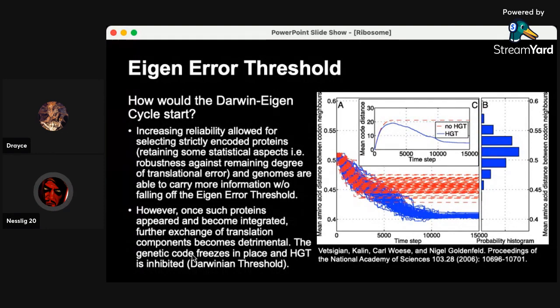But then after you increase the reliability of replication or translation, this allows for selecting strictly encoded proteins.